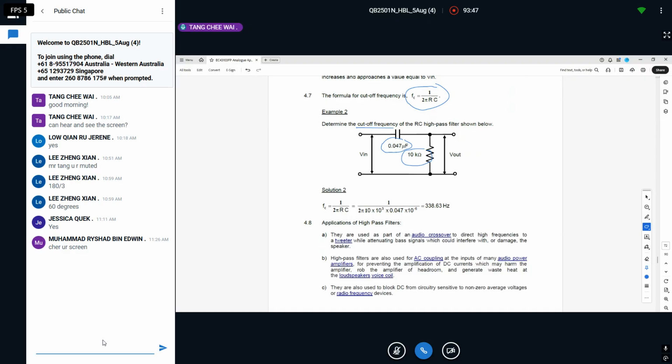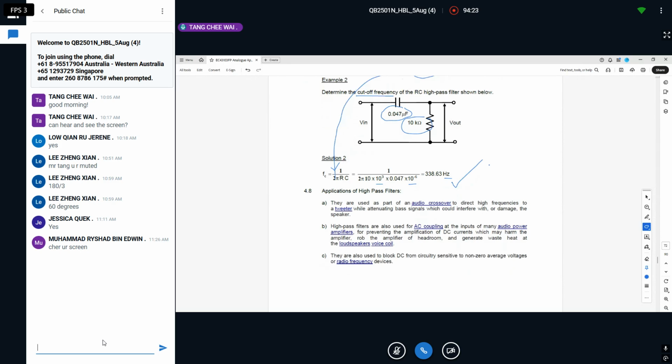Using the formula I circled here, put in all the values and watch out for this: 10k is 10 to the power 3, micro is 10 to the power -6, and then you should get this answer in hertz, because we are talking about frequency. Please use your calculator, in your own time, key in everything nicely, and confirm your answer.